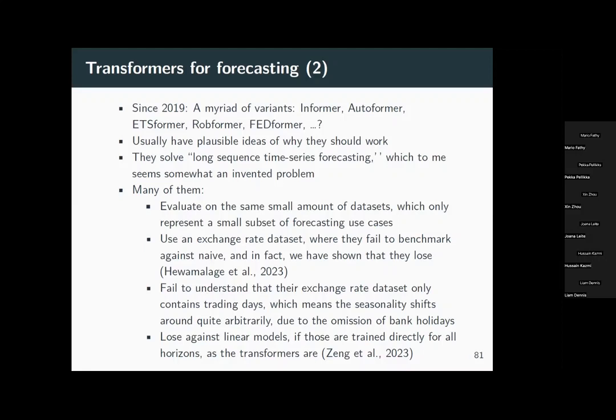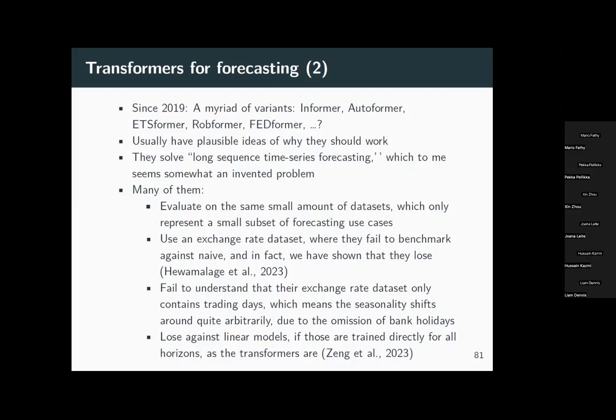And we actually have shown in a paper that many of them lose against naive. And even if they do win against naive, predicting an exchange rate 720 days into the future, which is basically 2 years, the exchange rate between US dollar and euro, you tell that to a finance person and they're like, that doesn't make any sense. So be careful with this.